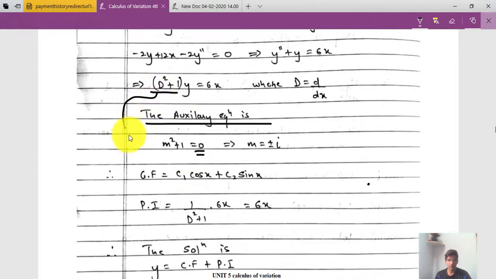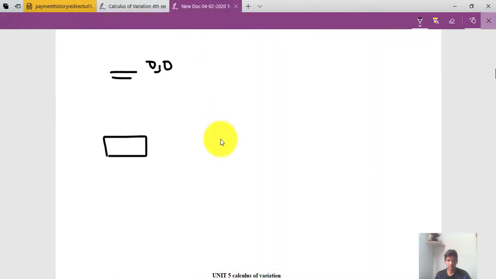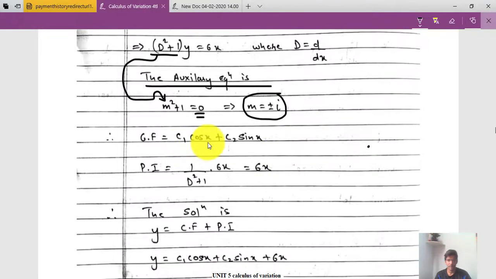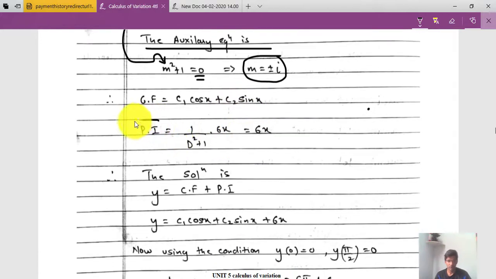So I write my auxiliary equation in this form, m square plus 1 equal to 0, m is equal to plus or minus i. So the roots are imaginary. When the roots are imaginary, we have c1 cos x plus c2 sin x, here it is not 2x, so it is only x. Now I want to find my particular integral.